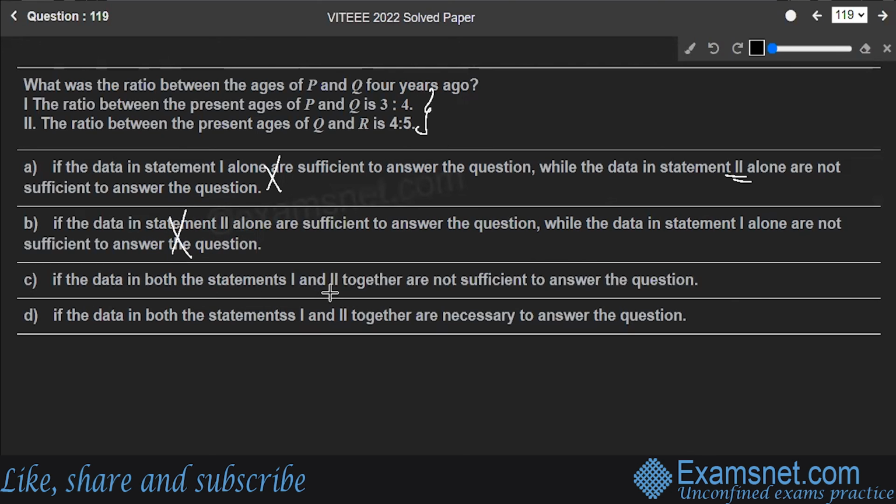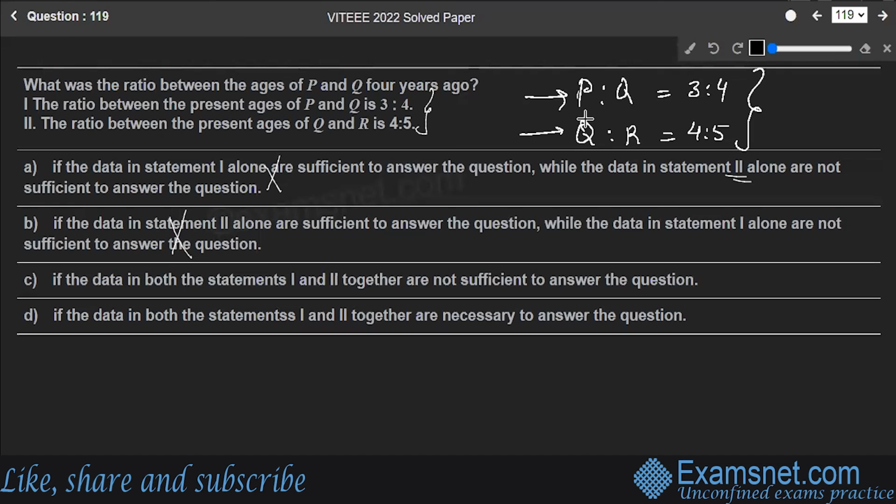See, if the data in both statements 1 and 2 together are not sufficient, see, you are given that P is to Q is 3:4 and Q is to R is 4:5. So there are three variables actually, and you're having only two relations between them. So you can't find it out.